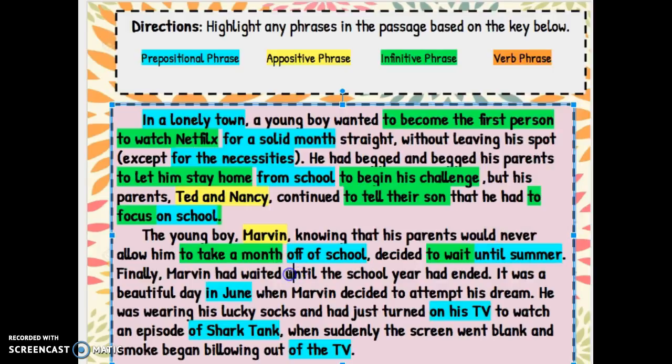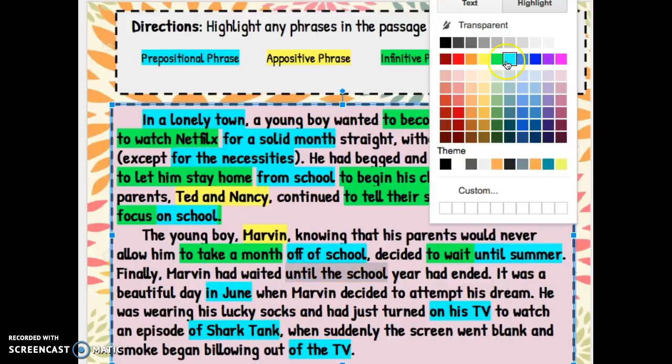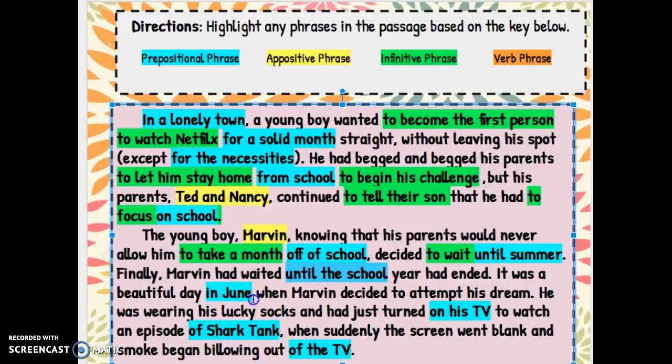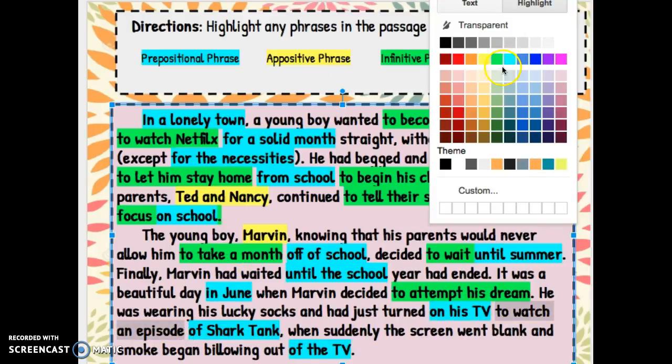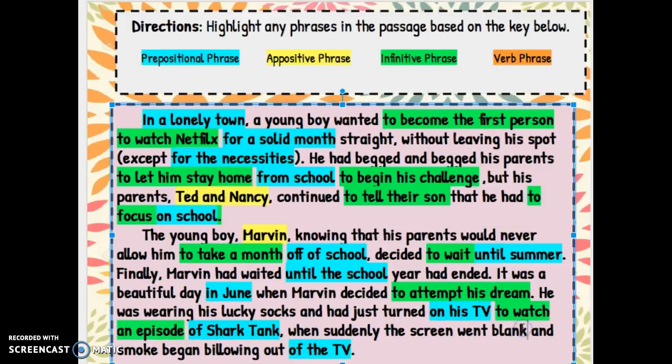Looking for more. That's another prep phrase. Let's see if we have any more twos. Oh, to attempt his dream. So that's another infinitive. Lucky socks. And then to watch is my last one. To watch an episode. All right, so those are all my infinitives. I have to plus a verb and then any information that relates to it.